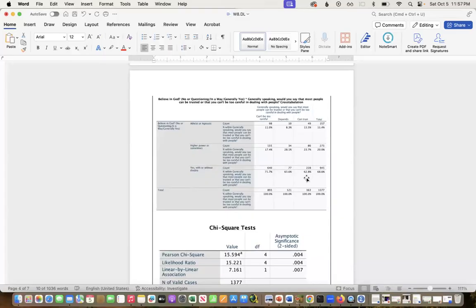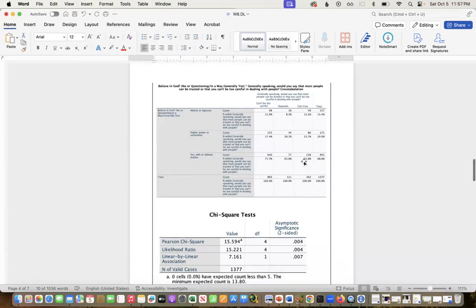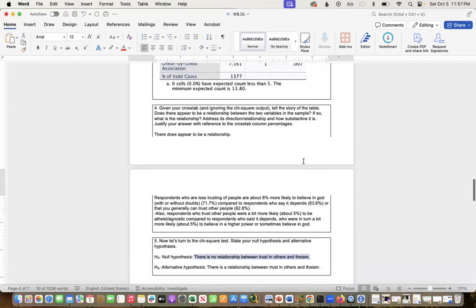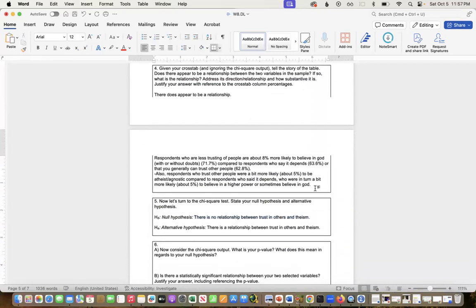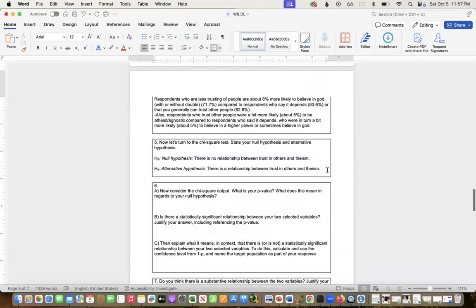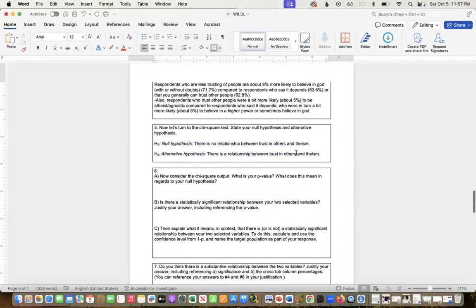And so the null is that expected and observed crosstabs are the same, and the alternative is that they're markedly different enough for us to be confident that there is a relationship and that they're not just different from chance. But this is what we're actually evaluating in a real life context.